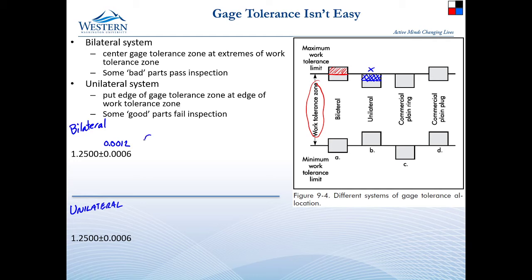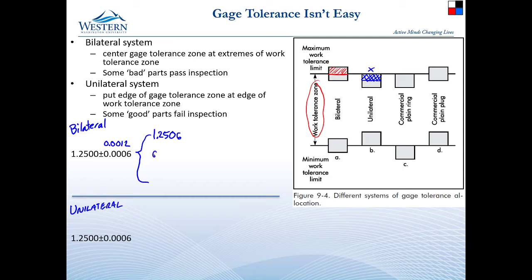All right, so when I ask them to make something like this, the upper edge of my work tolerance zone is going to be 1.2506. That is my nominal plus my tolerance. And then I'm going to give them the gauge tolerance. So this is my tolerance zone.